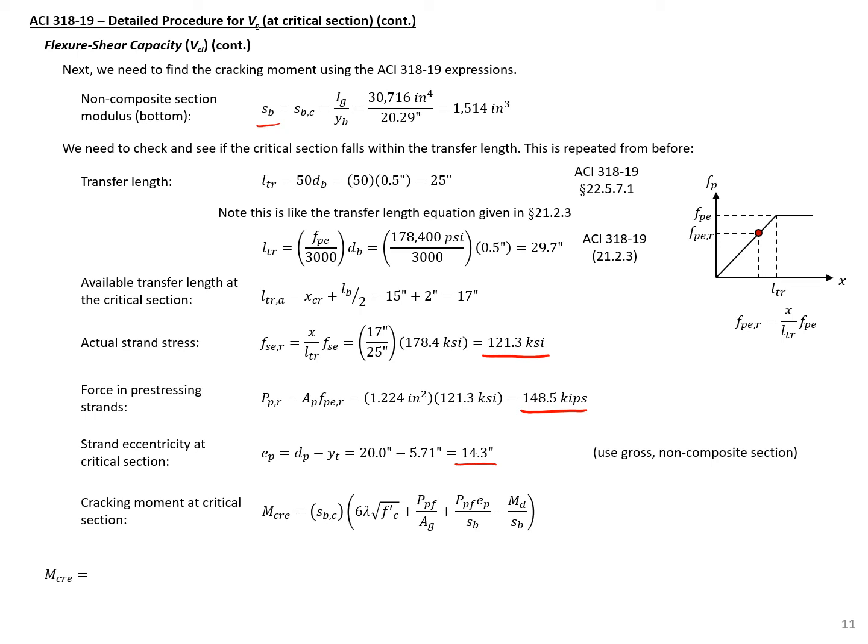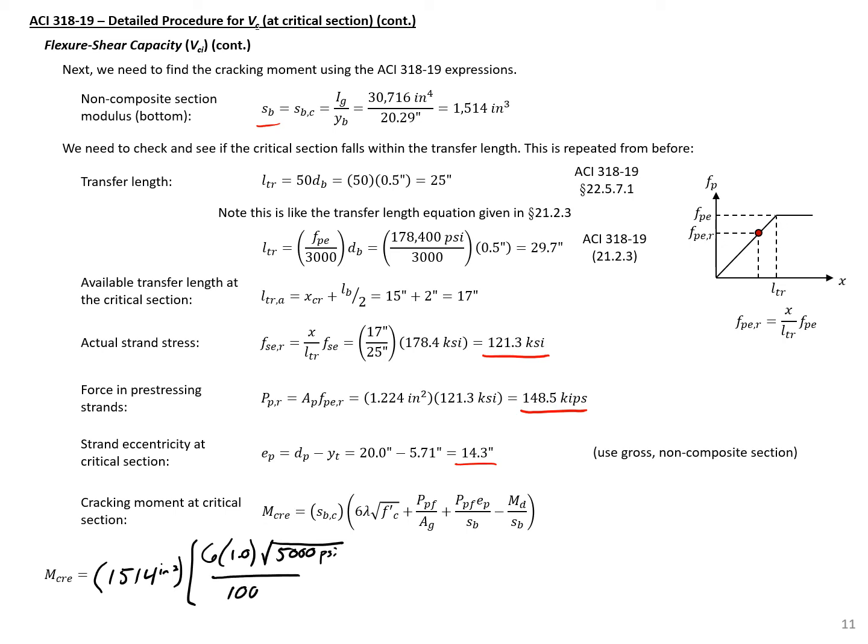So we can then plug all these values into our cracking moment at the critical section. So we'll have our section modulus, 1,514 inches to the third, times 6, times 1.0 for normal weight concrete, times the square root of 5,000 PSI.